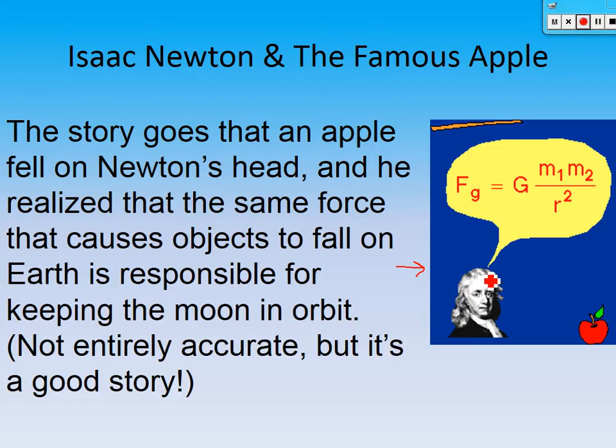And he figured out that it was. It behaves the same everywhere in the universe. And so, what does it say here? Is that same thing responsible for keeping the moon in orbit? Not entirely accurate, but it's a good story. What that means, not entirely accurate, was the apple hitting him in the head. But it is accurate when he figured out that gravity on Earth behaves the same everywhere in the universe.